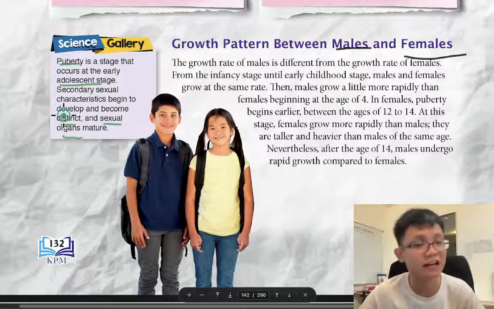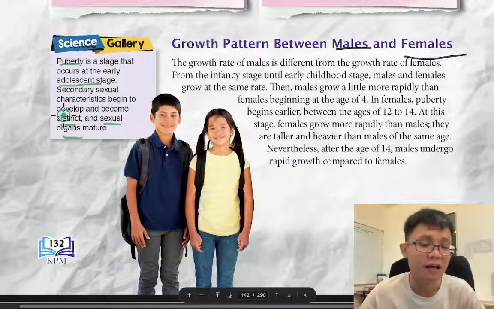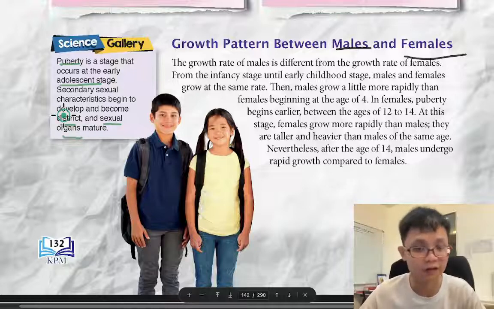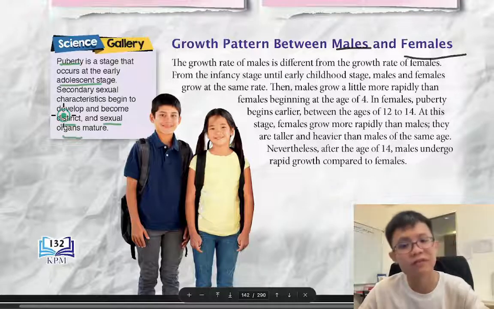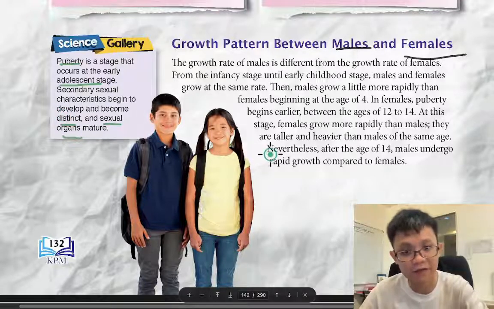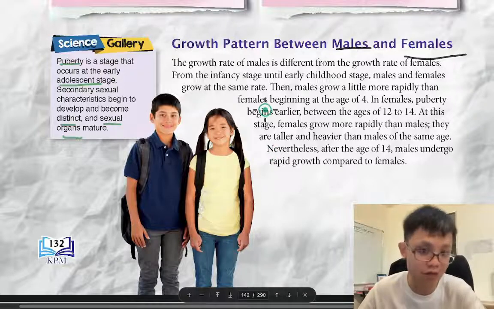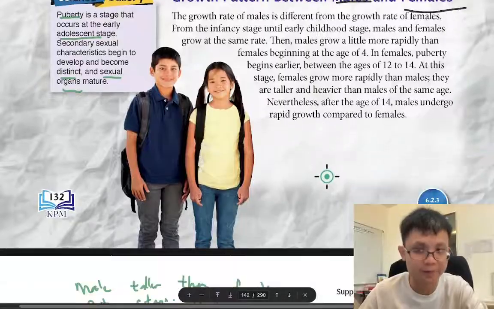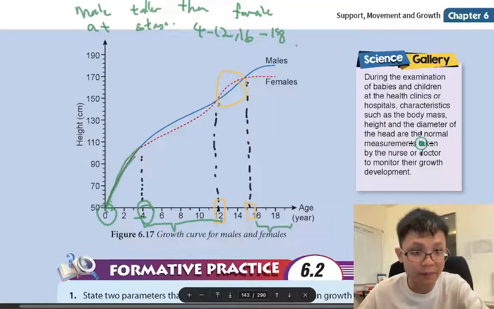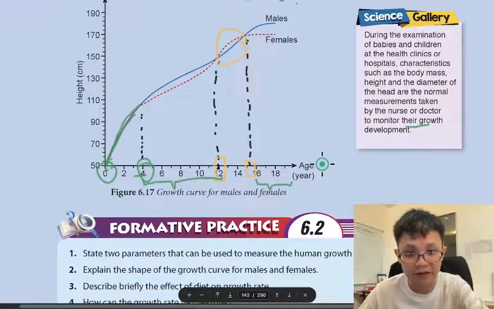After you have secondary sexual characteristics, the person can start to have a baby, either from the male or the female part. They have the ability to be pregnant. So these things all need to be measured, their growth and so on.